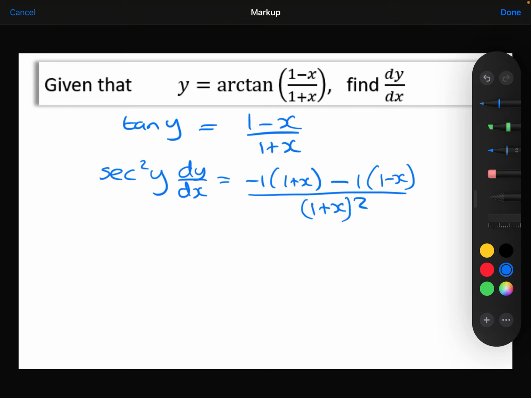So that's me just using the quotient rule on the right-hand side. Let me simplify that. So the whole numerator there is going to simplify just to be minus 2. Right, so let's divide both sides by the sec squared.